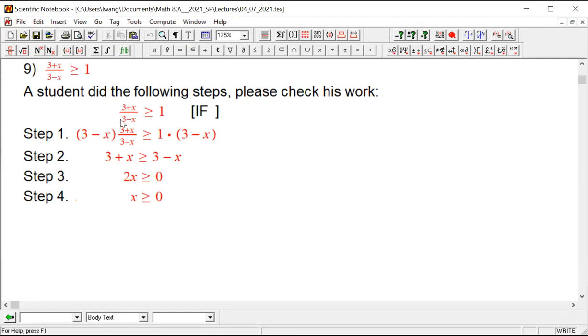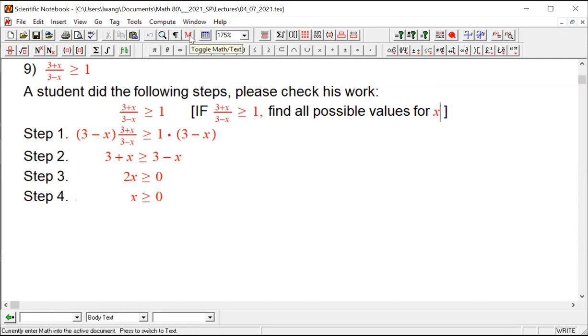If the quotient is greater than or equal to 1, and we want to identify all possible values for x, solve for x. So the student multiplies both sides by 3 minus x.